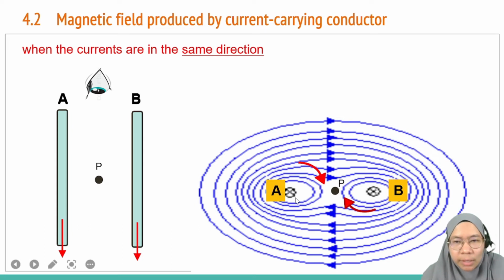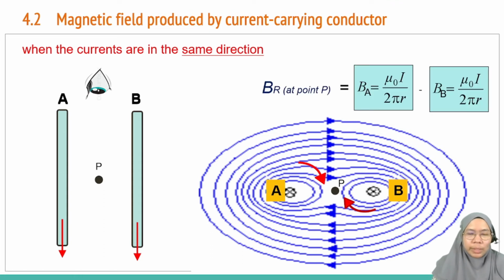So for A is going clockwise, and for B, cross and also going clockwise. Over here you can see the directions of magnetic field are opposing each other. This one is going down, this one is going up. So we can calculate the resultant magnetic field strength at point P, BA plus BB. But in this case, because they are in opposite directions, one is going to be negative.